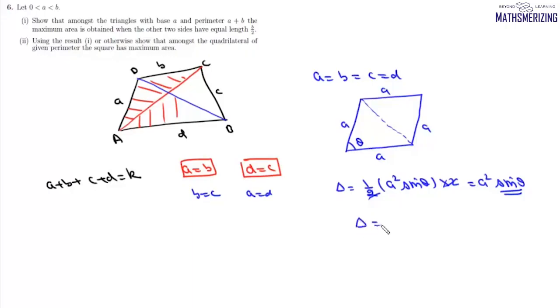So this area will be maximum, a square, when sine theta is 1, that is when theta is pi by 2. If theta is pi by 2, this rhombus will be a square. So the area of a quadrilateral with the given perimeter will be maximum if the quadrilateral is a square.